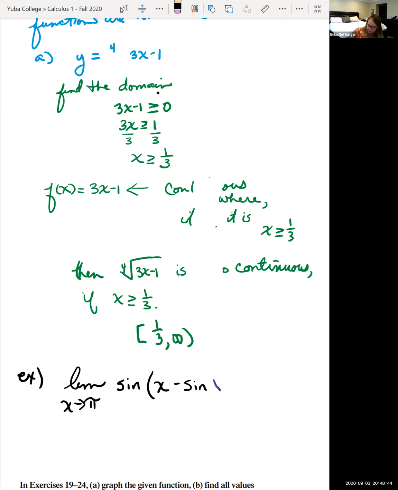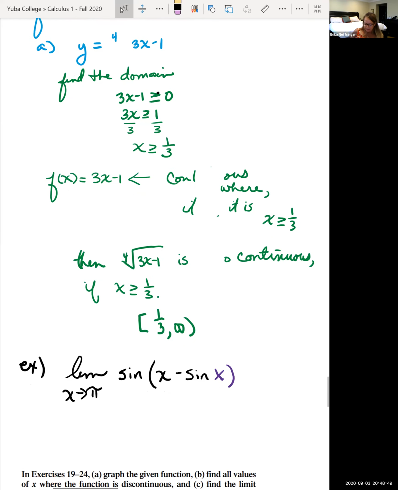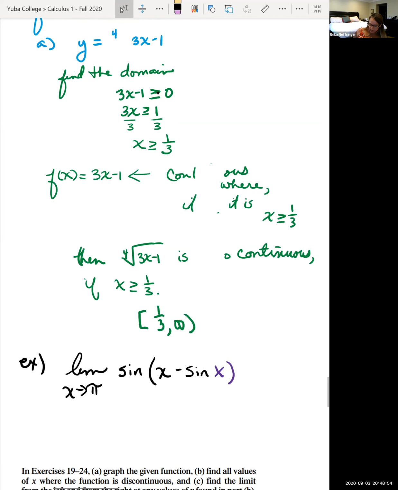We can look at this, and there was a rule that says we can look at this as the sine of the limit as x is approaching pi of this piece here, x minus sine of x. We could even break it down further where we're looking at the limit of the difference, but I'm not going to do that.